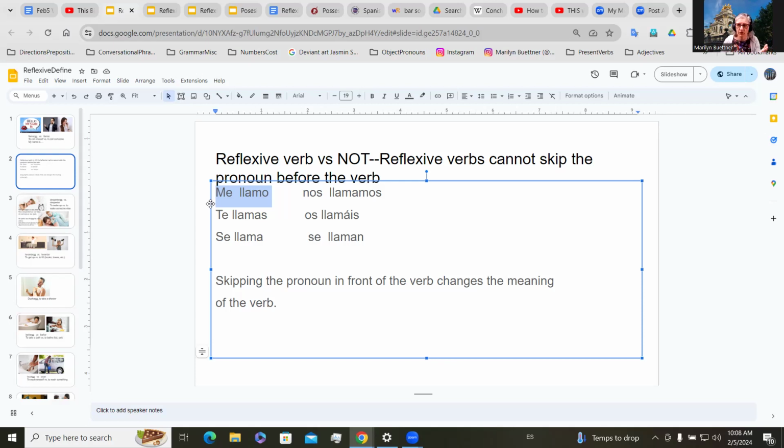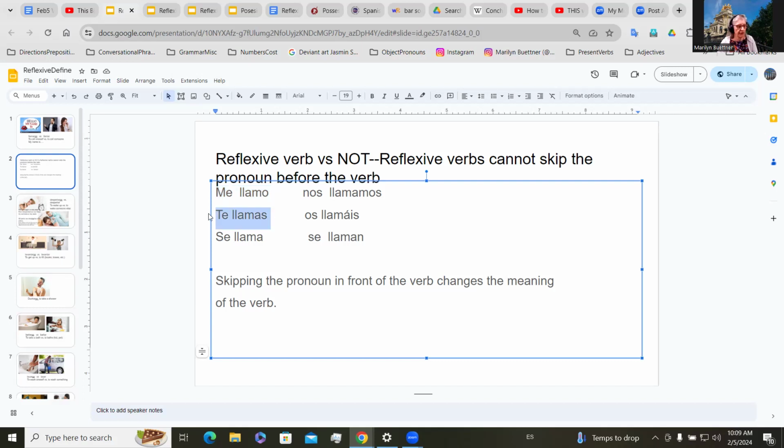You can, but most people will drop the pronoun yo. And whereas a subject pronoun can be dropped, a reflexive pronoun, if a verb is reflexive, cannot be dropped because the meaning of the word will change if you drop that pronoun. So llamo has a different meaning than me llamo. Me llamo means my name is, I am called.